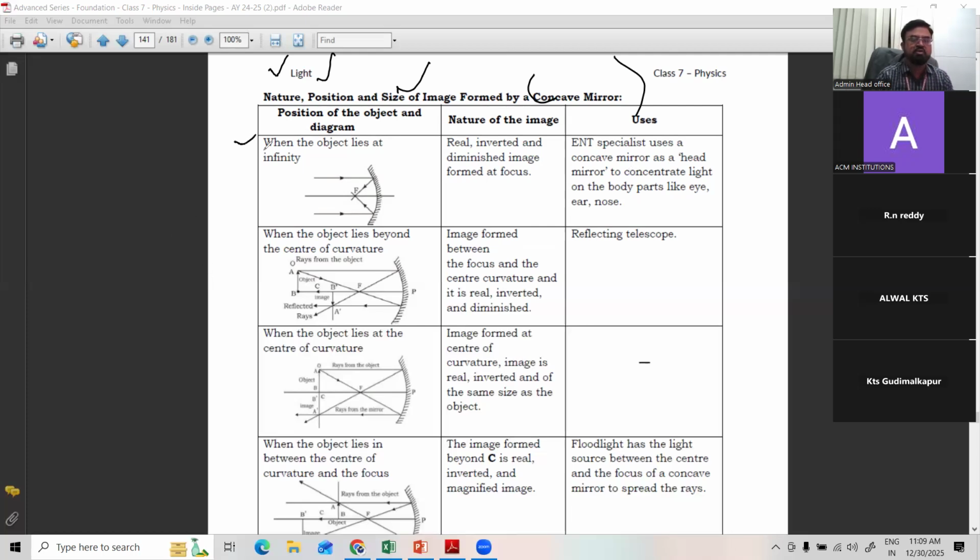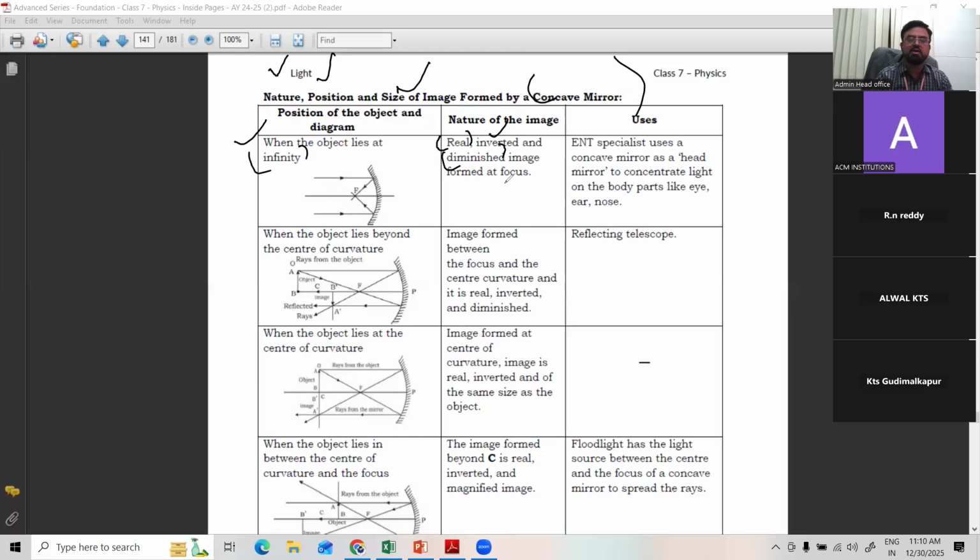See here. First case. When the object is at infinity, placed at an infinite distance, the nature of the image formed is a real image. Real means we can catch it on the screen. Inverted image, and diminished. Diminished means smaller than the original object size.